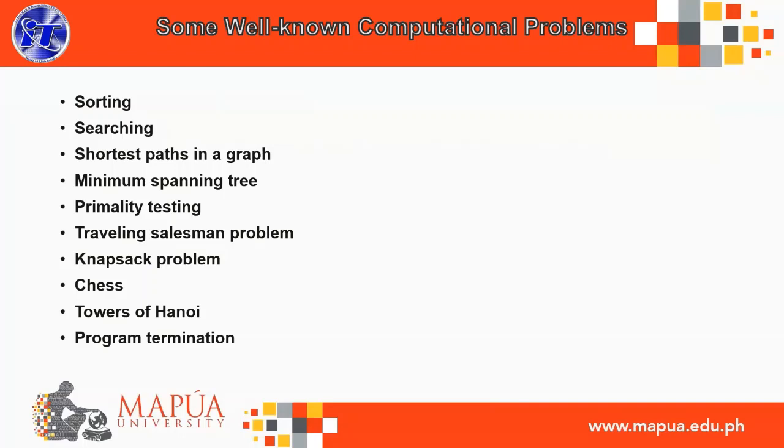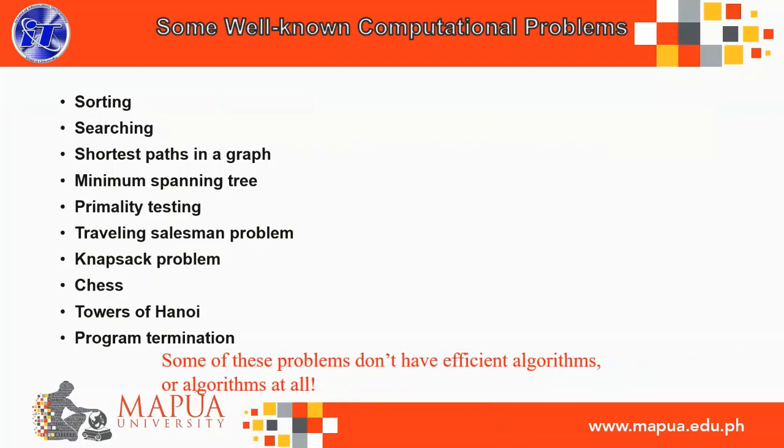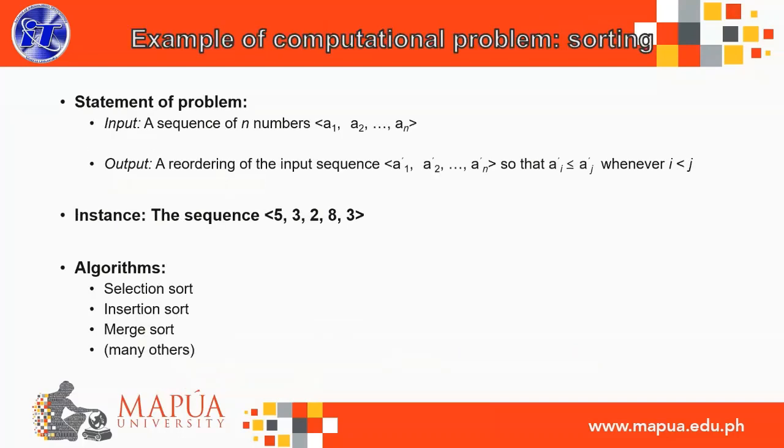But there are problems wherein there is no efficient algorithm, or probably no algorithm at all to solve that problem. So as CS, we look for that, if there is a possibility that we could create our own algorithm that could solve those problems.